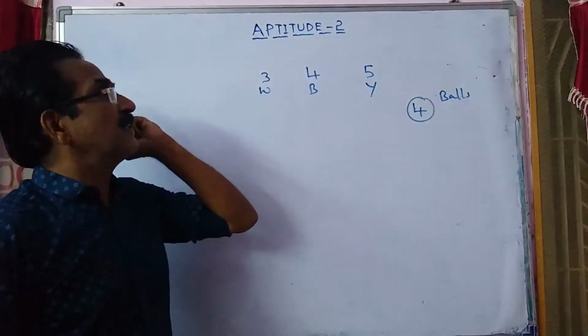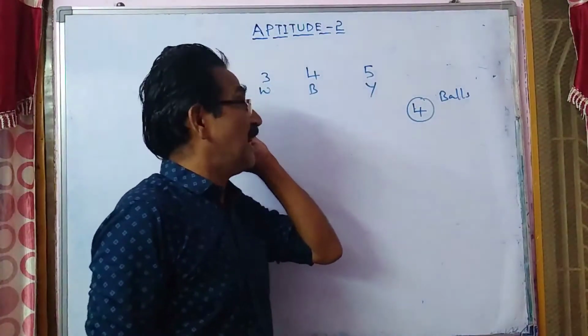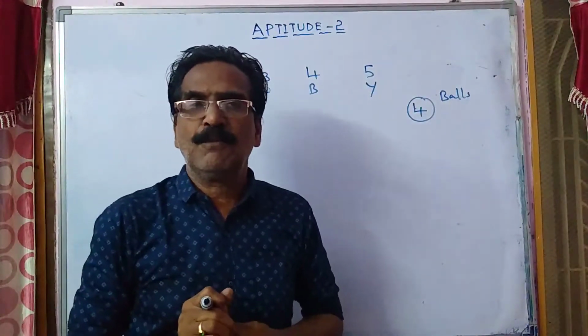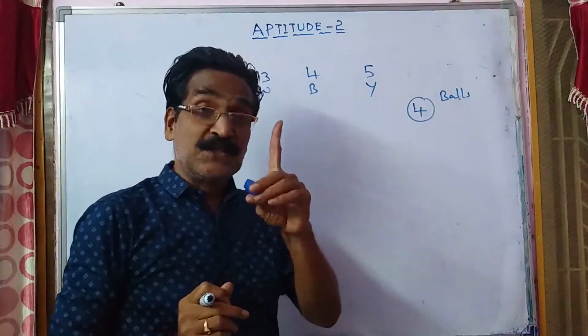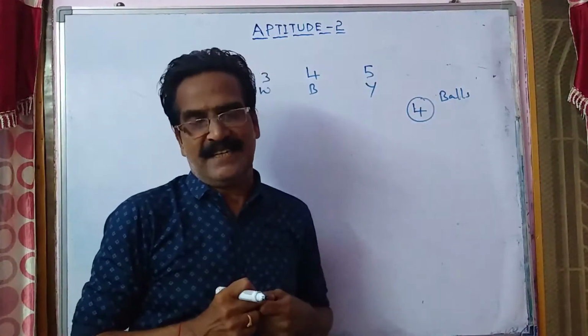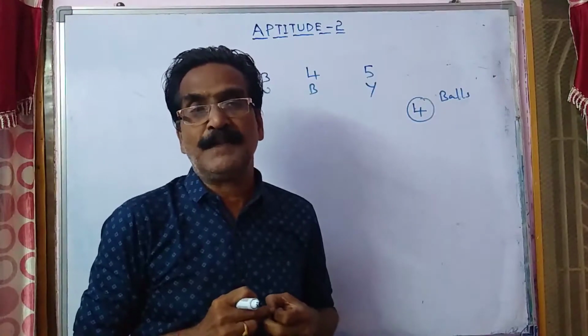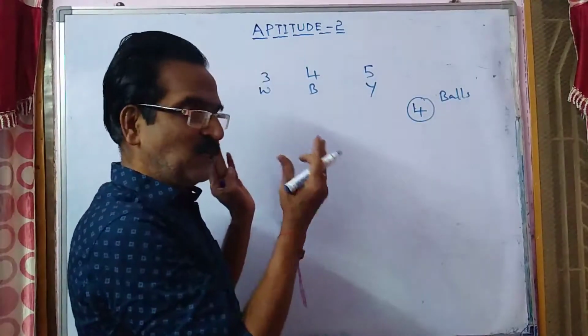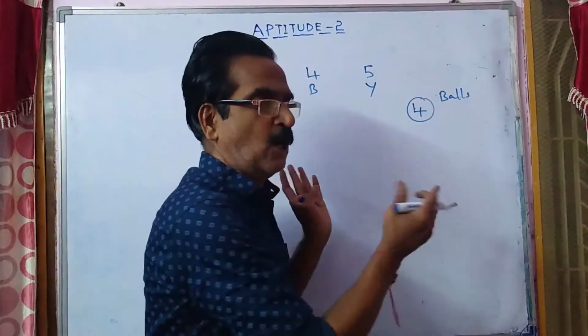So in the box there are 3 white and 4 black and 5 yellow balls. 4 balls are to be drawn so that at least one yellow ball will be there. At least one means total minus without yellow.